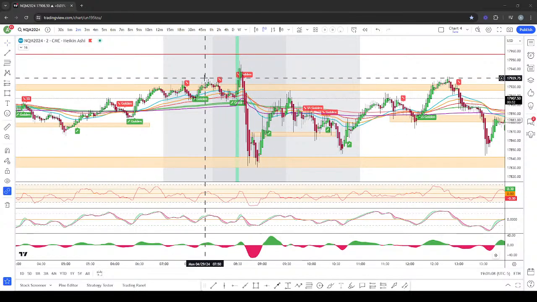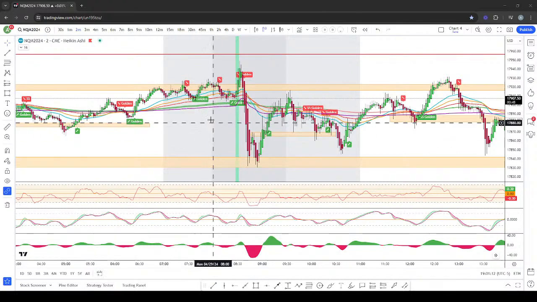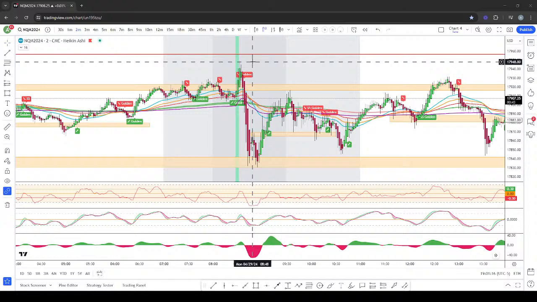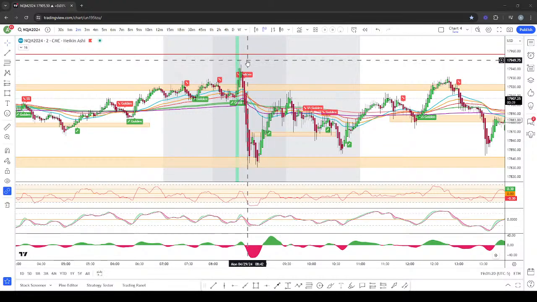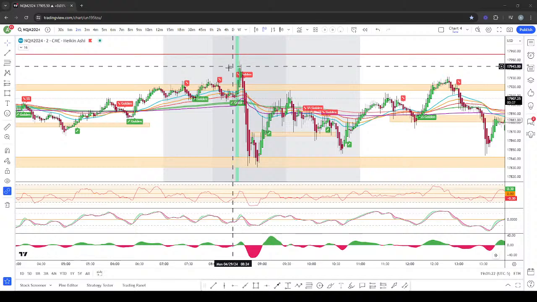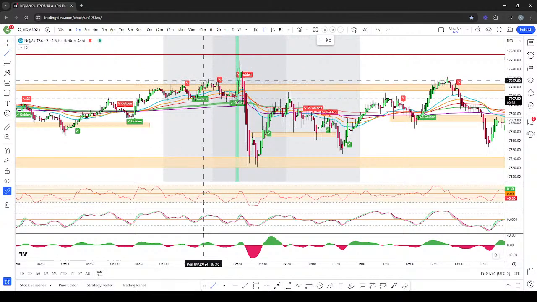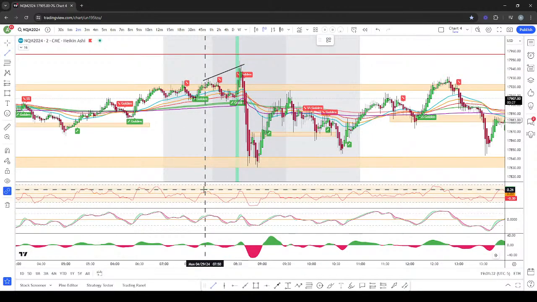So here I am looking at the futures chart of NASDAQ. And you can just wait. There's no rush in trading. So what I like to do is just wait until the divergence forms itself. Okay, so right here, right off the bat, we have a really nice bearish divergence.